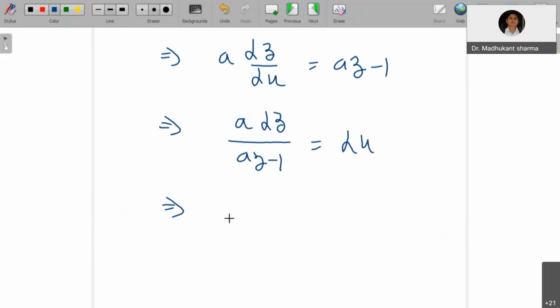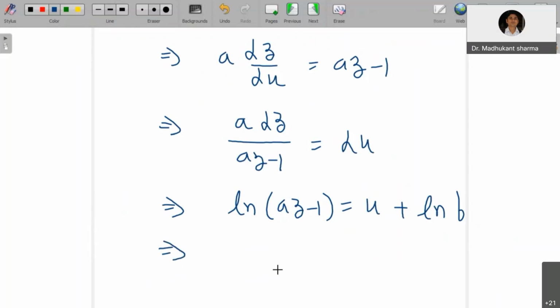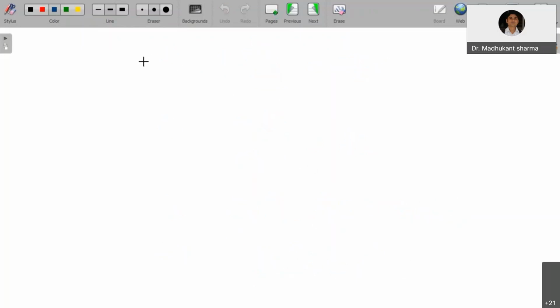Now this implies the integration of this is nothing but ln of a times z minus 1 is equal to u plus some coefficient, ln b I can write. So this will give a z minus 1 divided by b, since ln m minus ln n, is equal to e to the power u. a times z minus 1 is equal to b times e to the power u.